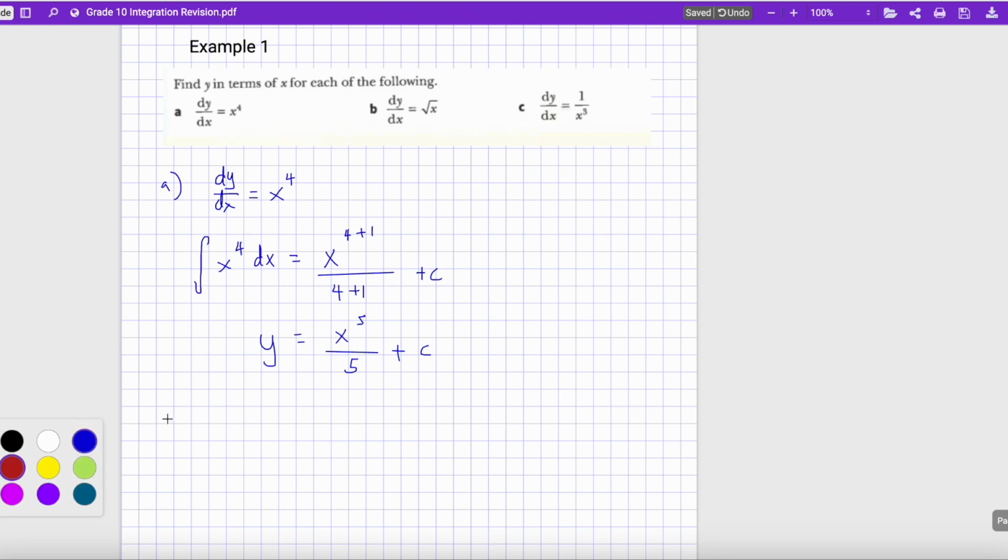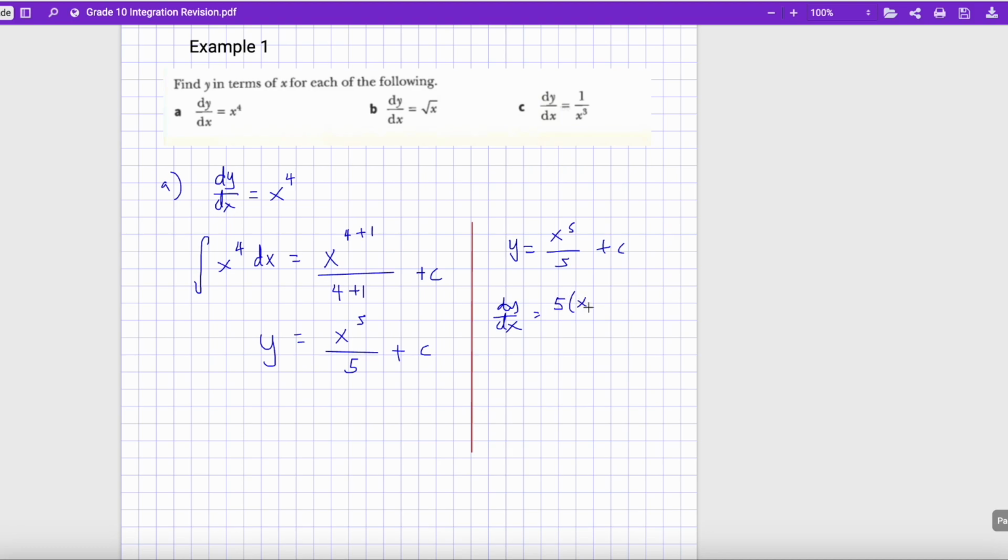Now, we want to prove that if we differentiate y, we should get back to dy dx. So let's do a quick test. If y is equal to x^5 over 5 plus c, then dy over dx: we bring the power 5 down, so 5x, and the power reduces by 1, so it becomes 4.